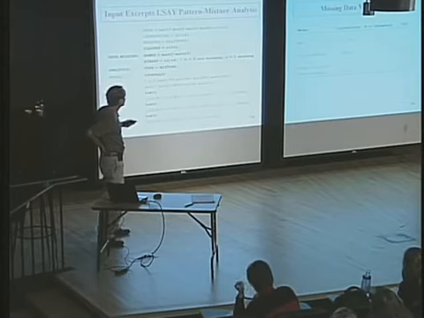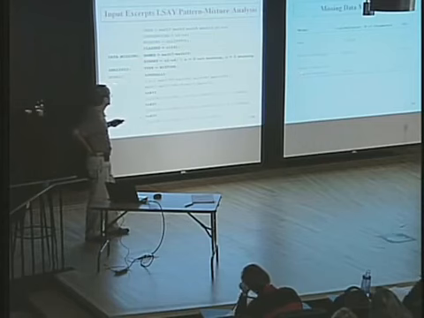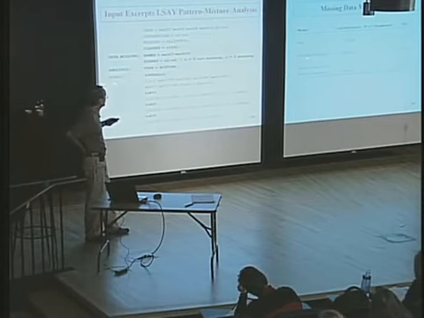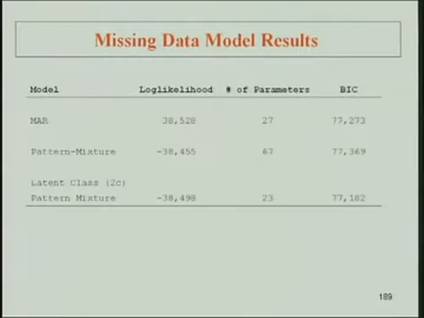The latent class pattern mixture, which I haven't told you about yet, is a parsimonious version of the pattern mixture, which uses only 23 parameters, even fewer than MAR, but has a better likelihood. So even with fewer parameters, we get a better likelihood than MAR. That's a clear sign that we are barking up the right tree. We're in a better ballpark of modeling in the LCA pattern mixture than in the MAR.